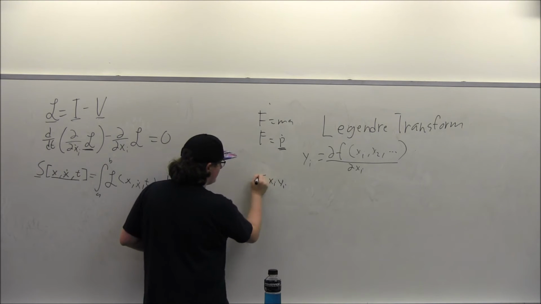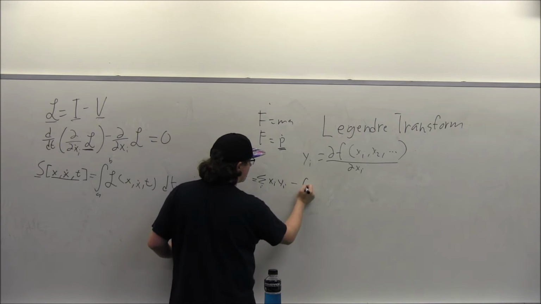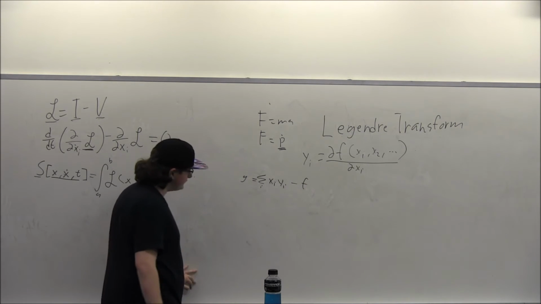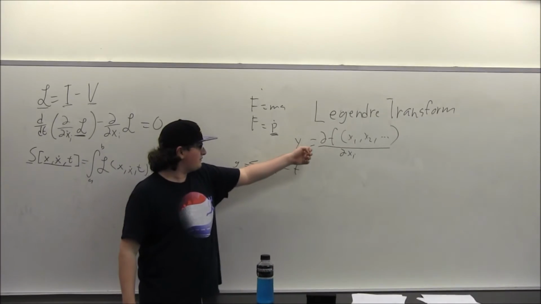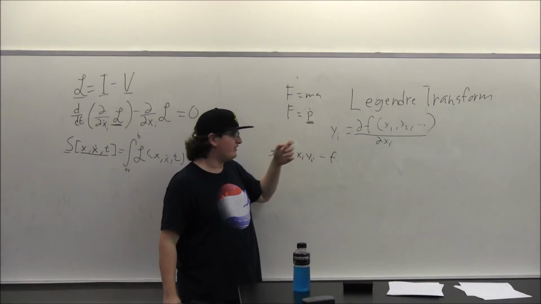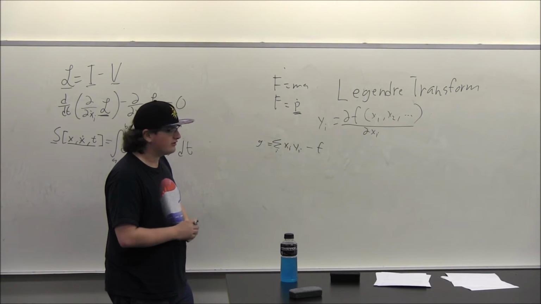So you sum up over all the i's you're interested in, and then you just subtract f. Once you get this quantity, you then, using these statements, rewrite everything in terms of y. Then you have your Legendre transform.